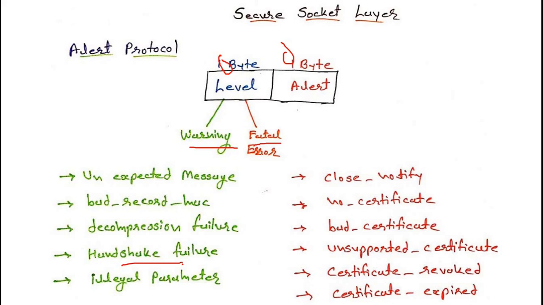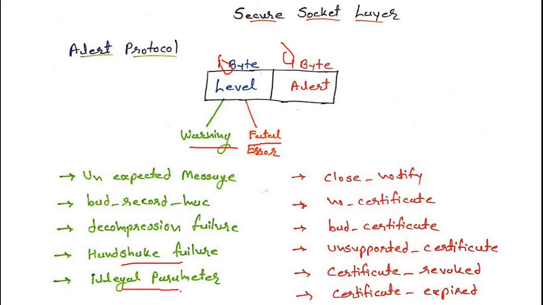Like in computer networks, we have discussed three-way handshaking. Suppose we are calling our friend, till the completion of our communication, whenever we want to convey our message, the connection should remain. If due to any type of error the connection disconnects, we cannot say that this type of connection is reliable. That is the example of handshake failure.